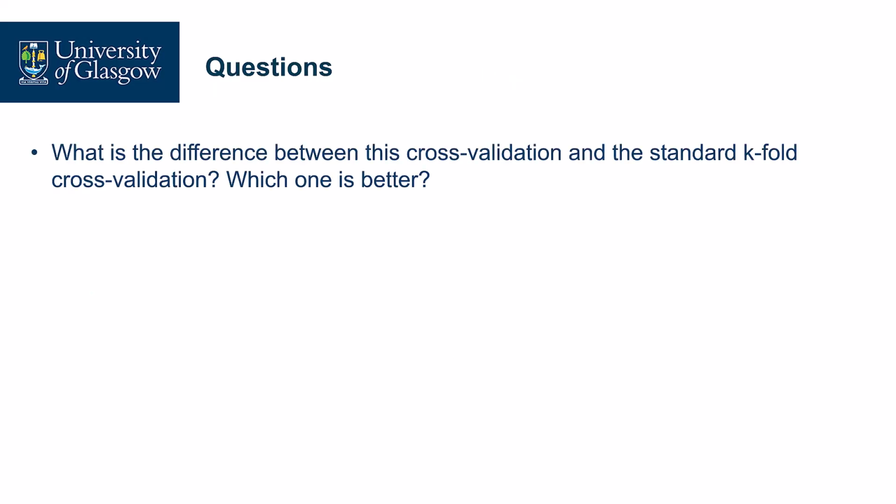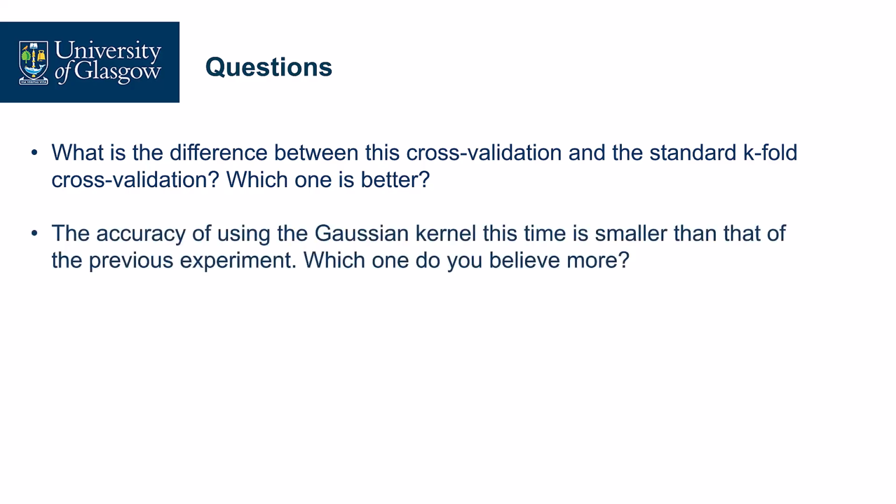Now I have a few questions for you. Question 1: what is the difference between this cross-validation and the standard k-fold cross-validation? And which one is better? Question 2: we can see we tried the polynomial, the RBF, and the Gaussian kernel here, right?